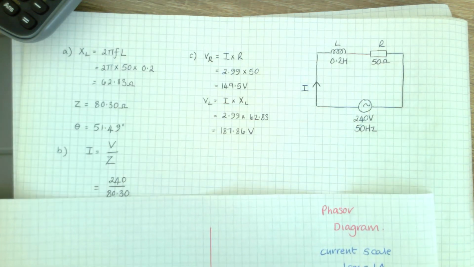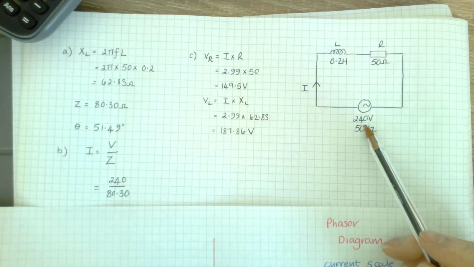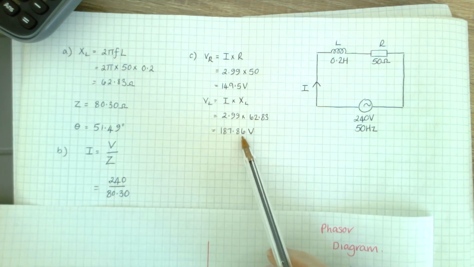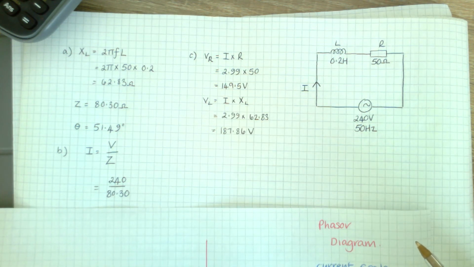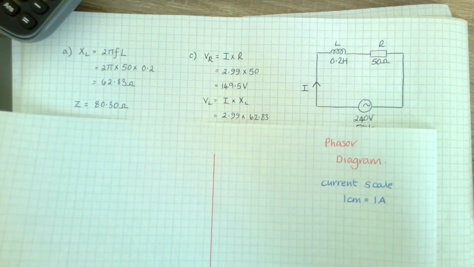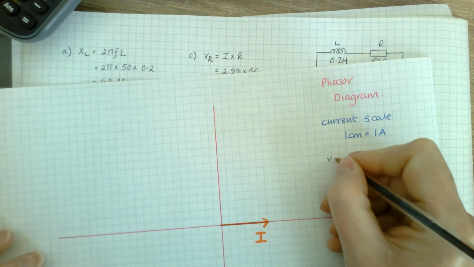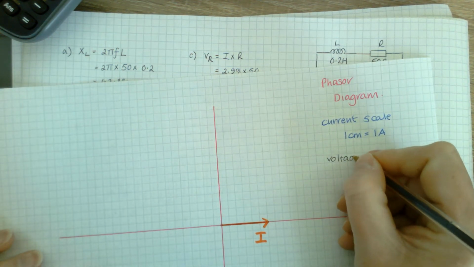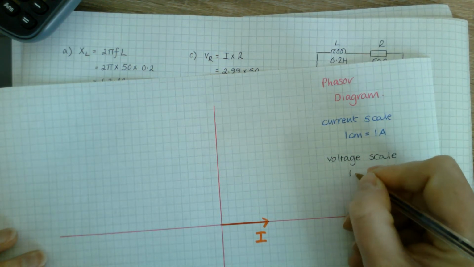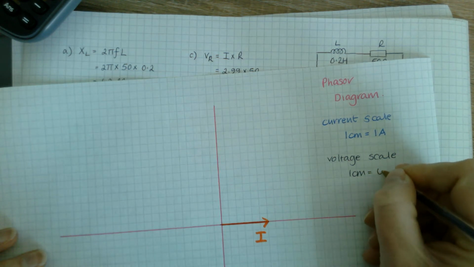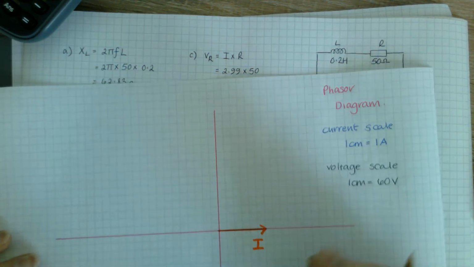So the voltages I'm looking at, 240, 187.86 and 149.5. So for my voltage, I think I'll say 1 centimetre is 60 volts.